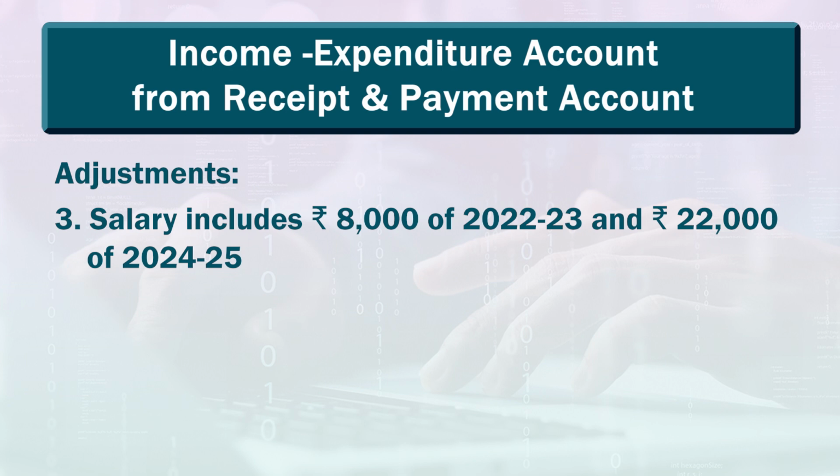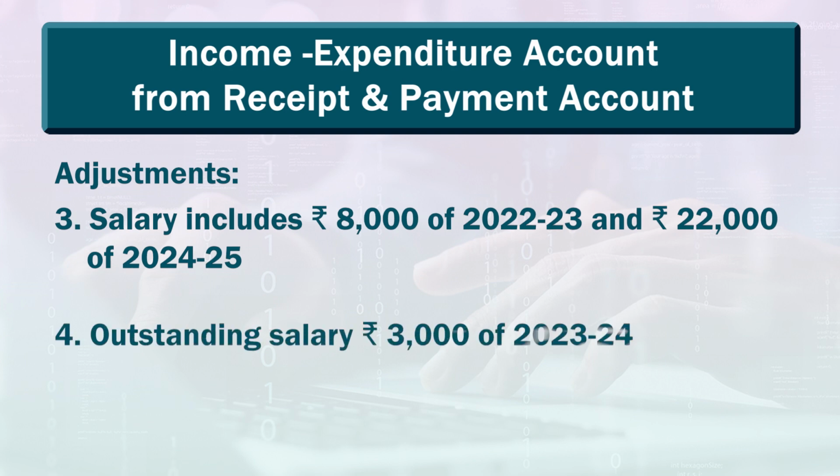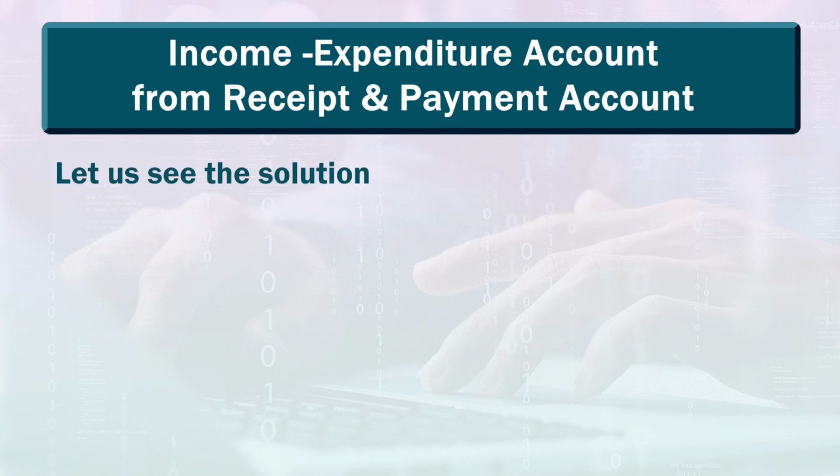Salary includes rupees 8,000 of 22-23 and rupees 22,000 of 24-25. 4. Outstanding salary of rupees 3,000 of 23-24 is given. Let us see the solution. First of all, we will deal with adjustments.